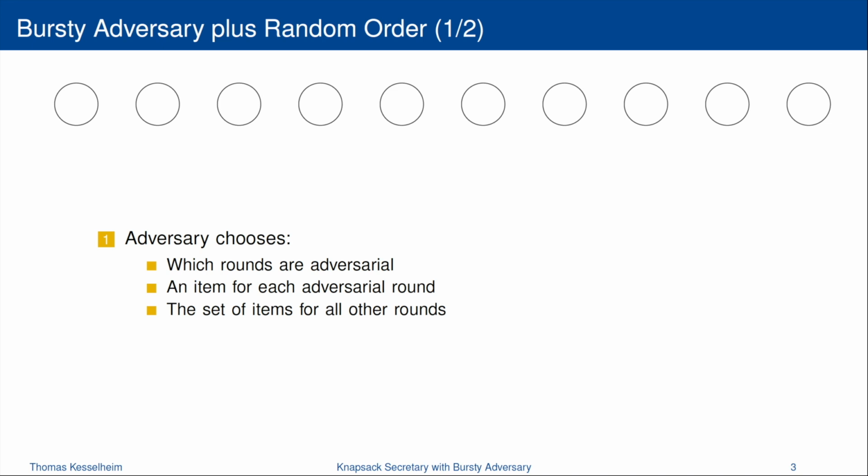Eventually, we will have a sequence of items arriving one after the other, and all the values are chosen by an adversary, but the adversary can only partly determine the order in which the items show up. So how does this work in more detail? We first have an adversary who chooses which of the rounds are adversarial, an item for each adversarial round, and the set of items for all other rounds.